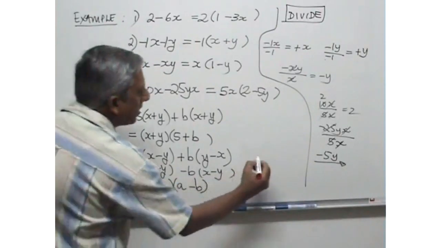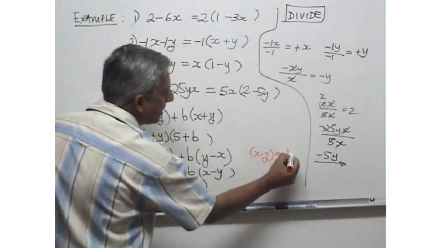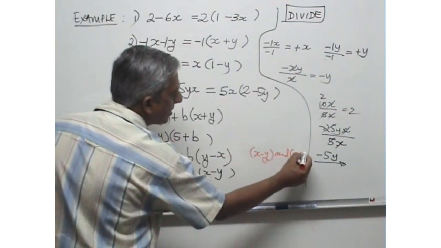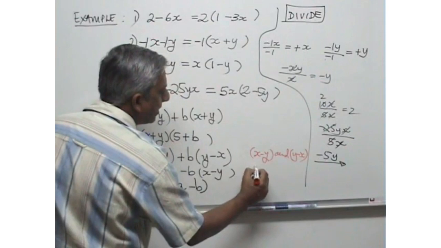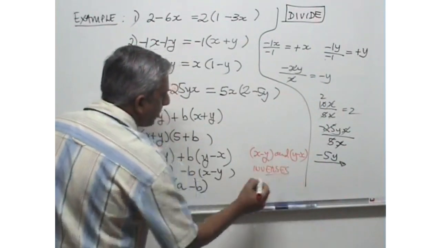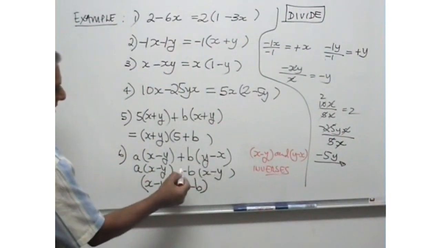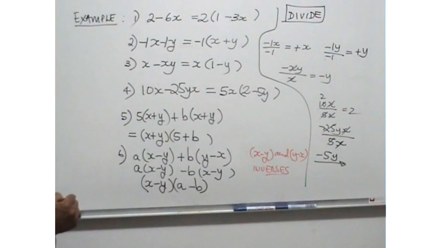We call x minus y and y minus x inverses. So when you have inverses, you have to make two changes here and then find the common factor.